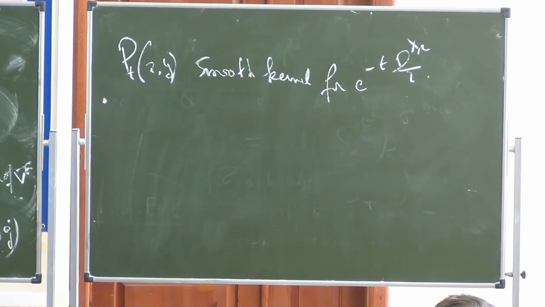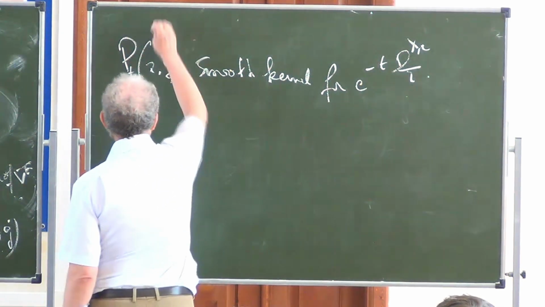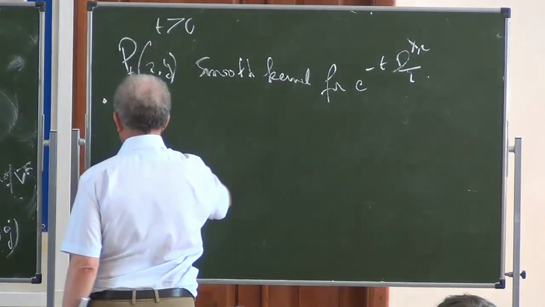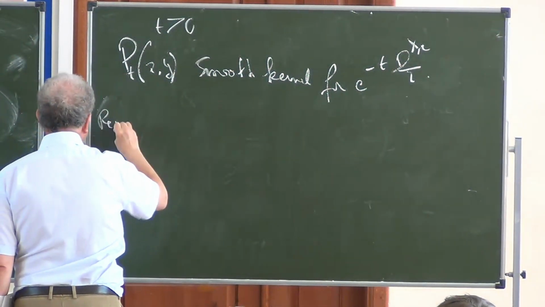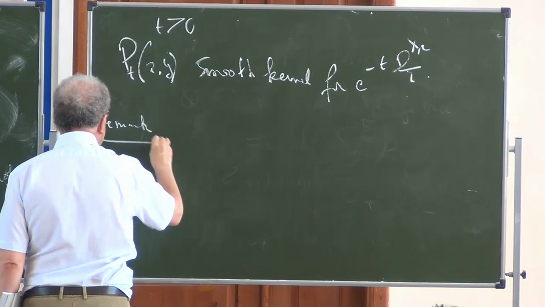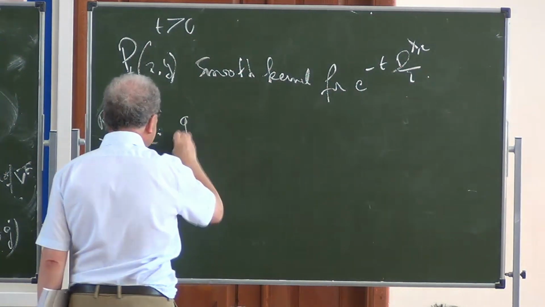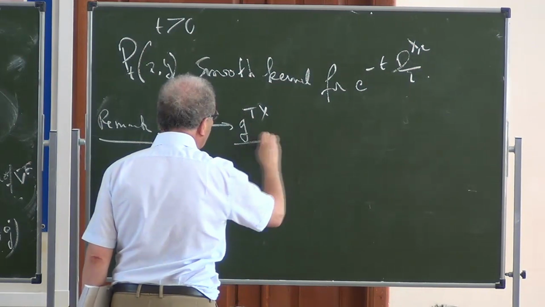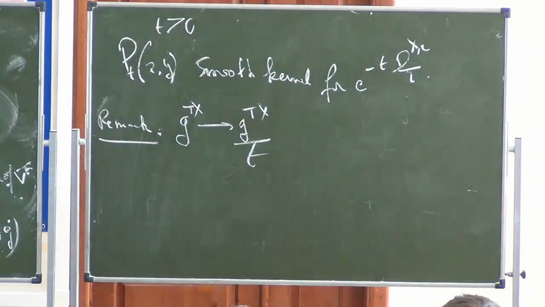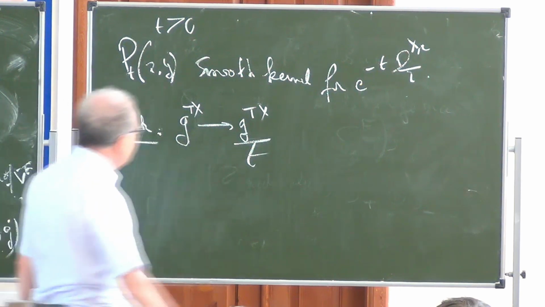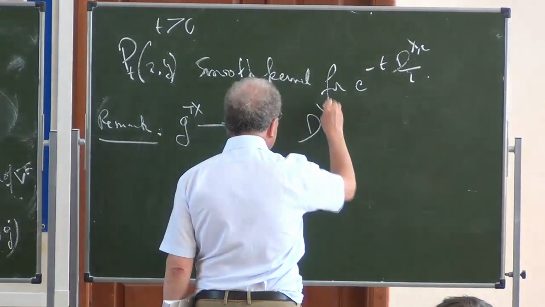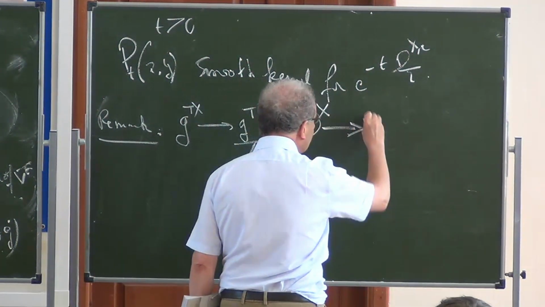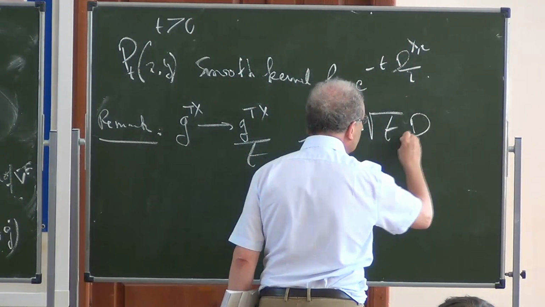I mean, you should not take this too seriously. There is a simple remark here: if we scale the metric g^TX by g^TX over t, then the Dirac operator D^X scales naturally by the factor square root of t.